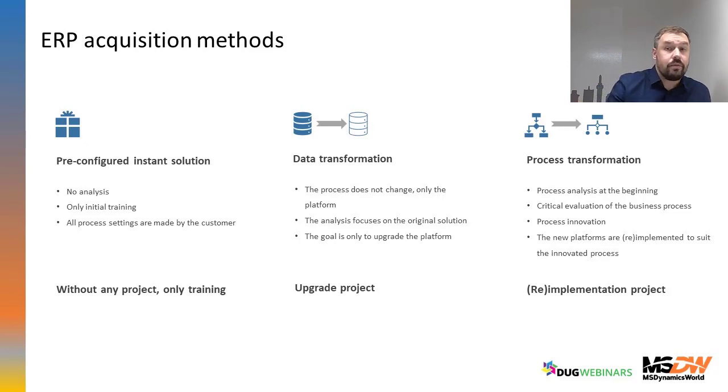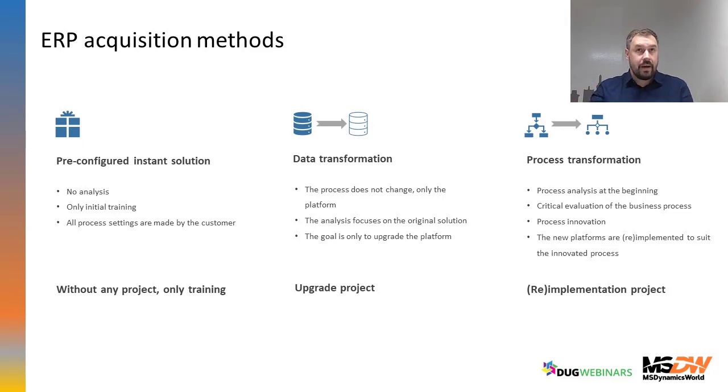The process transformation is focused on process analysis at the beginning, critical evaluation of the business process innovation, and the new platform is re-implemented or implemented to suit the innovated process. There is some space in between.